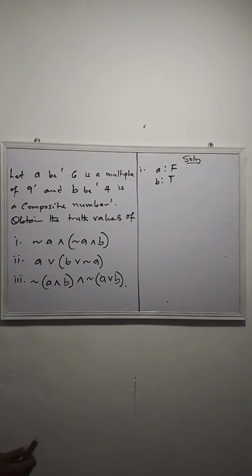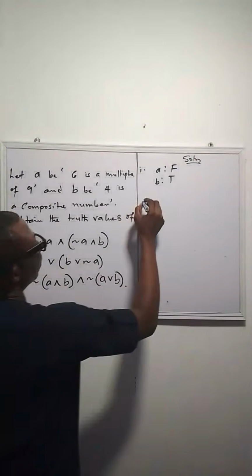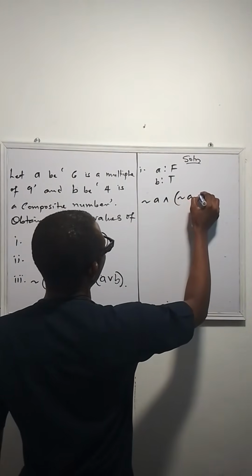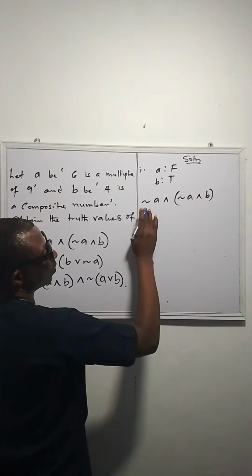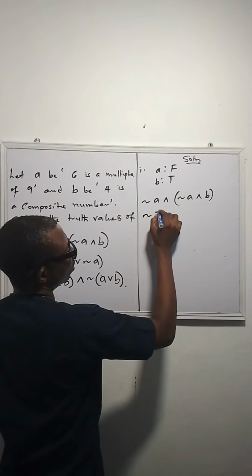Now let's look at the first question. Find the truth value of this proposition. We have negation of A and negation of (A and B). Let's plug in the values. Negation of A is what? False.